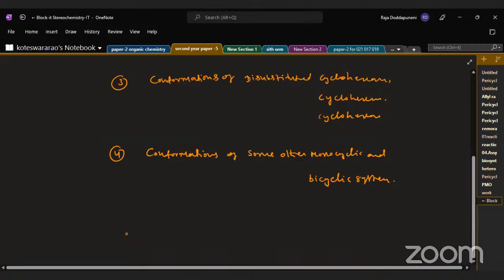And comparing the reactivity and the conformational stability, that is the fifth unit, dealing with conformations and reactivity.